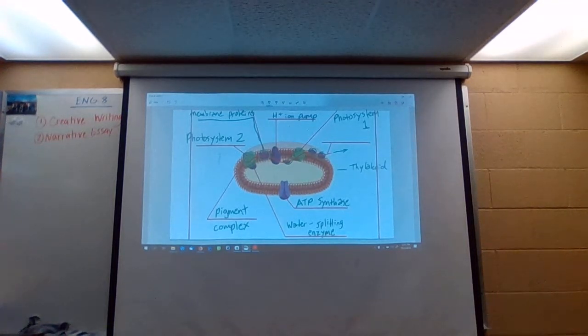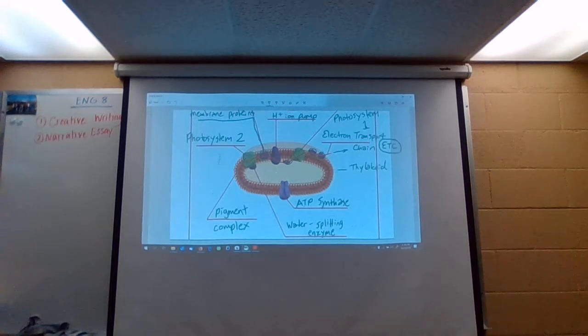That is known as the electron transport chain. We call that, for short, ETC. So when we talk about the ETC from now on, I'm talking about that electron transport chain.